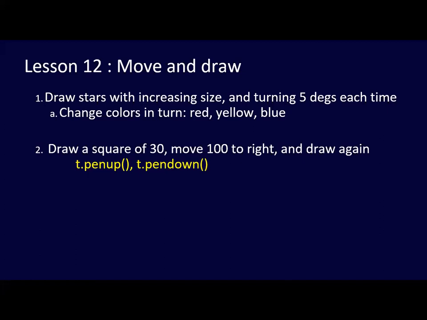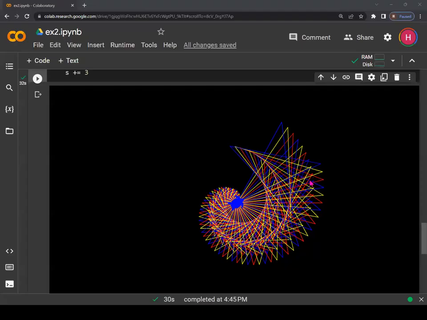Draw a square of 30, move 100 to the right, and draw again. What we learn for the first time here is pen up and pen down. First let's try anyway: draw a square, move 100, and draw again.